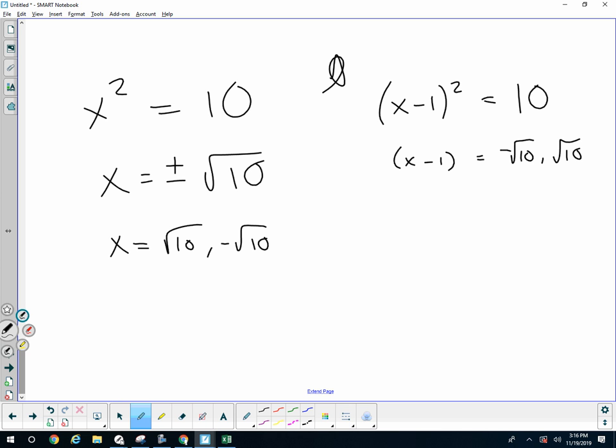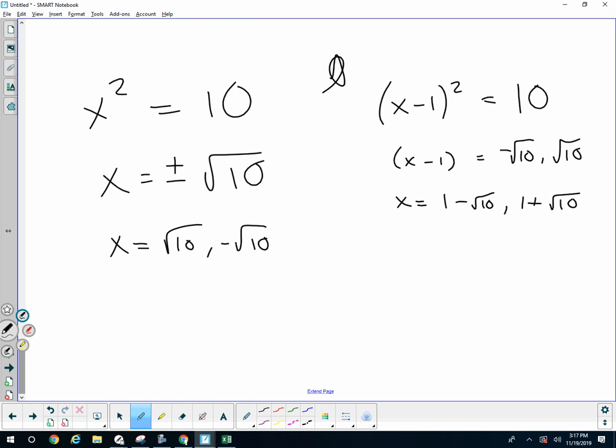That doesn't work like that. It'll just be 1 minus root 10 and 1 plus root 10. I'm just going to add 1 to both of these, and that's it. And I'm going to leave it like that. This is fine. If I plug this in for x, I would get 10.